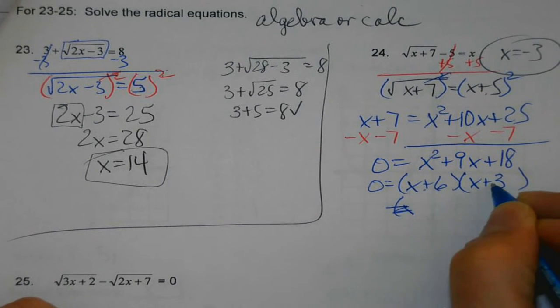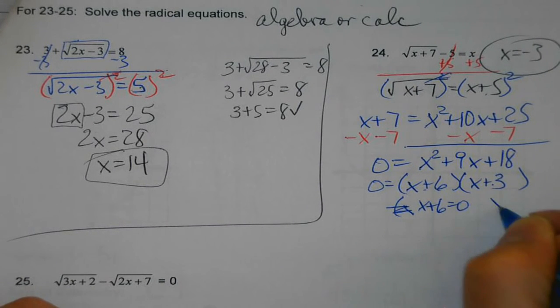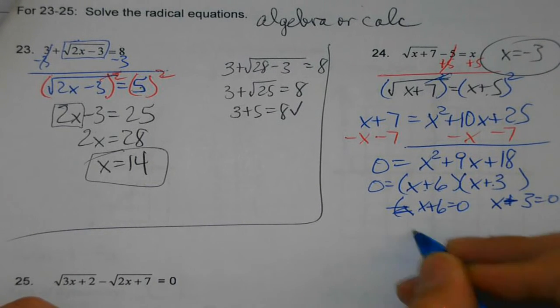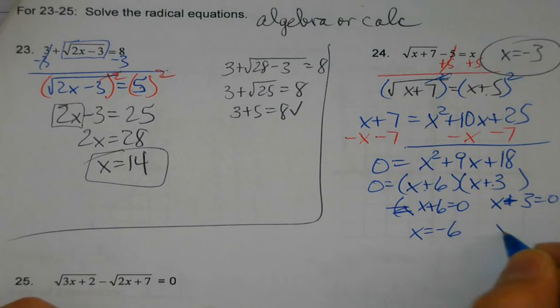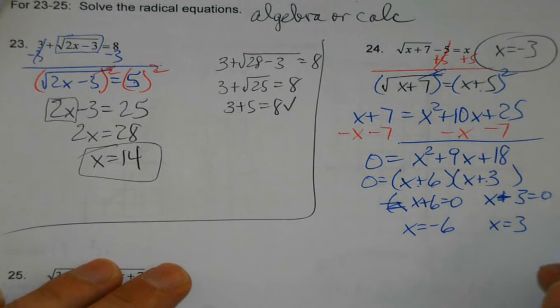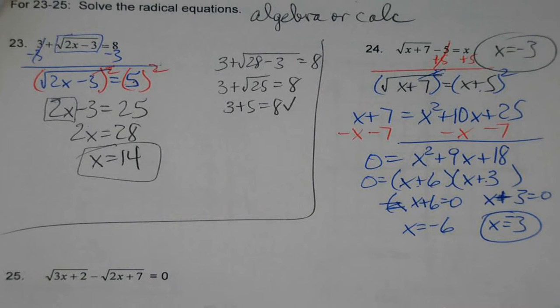And I'd set those each equal to 0. Now, here is one of our dilemmas with even doing it algebraically. You're like, oh, well there, whoops, Harty. There's the negative 3 that I got up above. Okay, that's good. Why isn't the negative 6 okay?